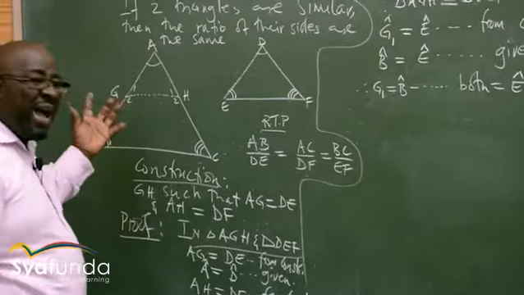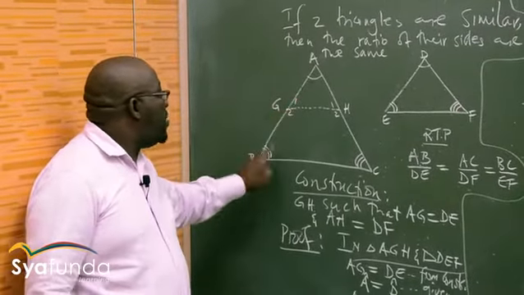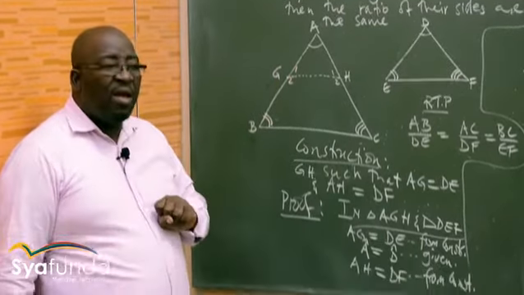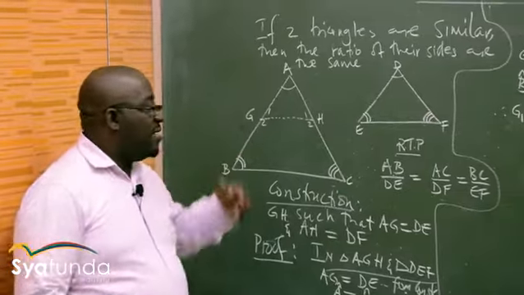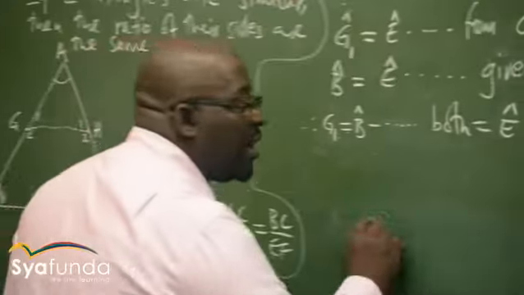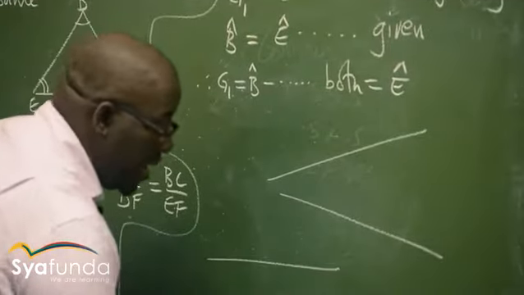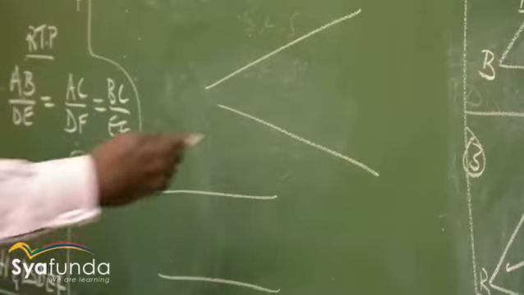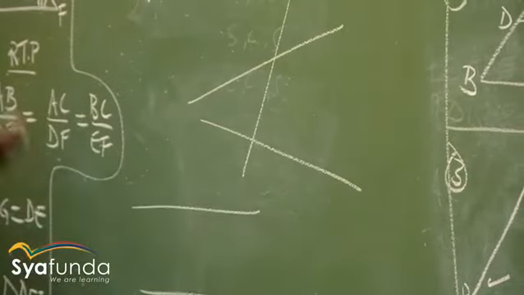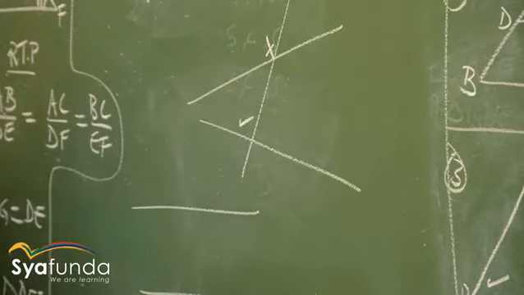Let's look at those in the diagram. Where is G1? This is where G1 is, and this is where B is. And those two angles, what type of angles are these two? If I've got this line and this line, I don't know anything about these lines, but there's something that I know. If I draw a transversal line there, this angle and this one are called corresponding angles.